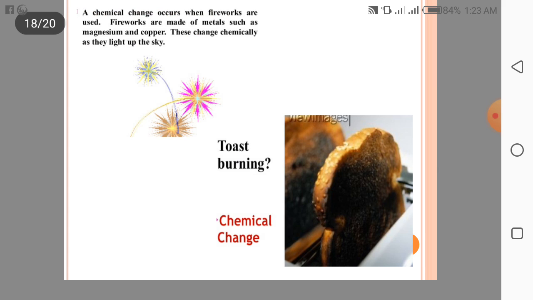A chemical change occurs when fireworks are used. Fireworks are made up of metals such as magnesium or copper. These change chemically as they light up the sky. And toasting or burning is also a chemical change.